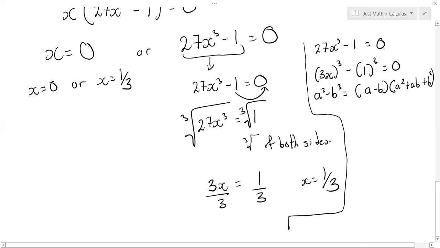Okay, so considering this as your a and this as your b, it's going to be (3x minus 1) times ((3x) squared, I'll just write them directly, (3x) all squared, that will be 9x squared, plus 3x times 1, plus 1 squared).